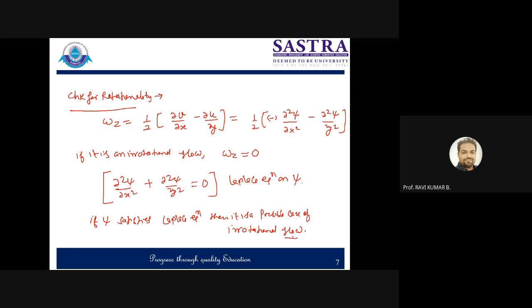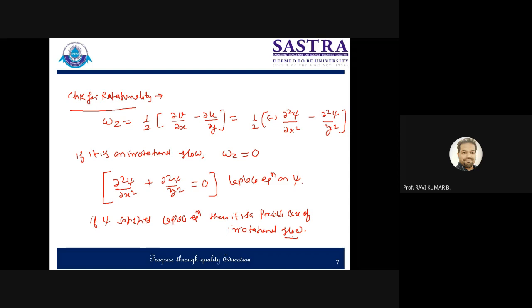So that means from these two statements, one is for velocity potential function, the other for stream function. If velocity potential function is existing, that means it is a possible case of an irrotational flow. There is no doubt. But in the case of stream function, if stream function is existing, that may be rotational or irrotational. It will only be irrotational if it satisfies the Laplace equation on ψ. This is the required condition.